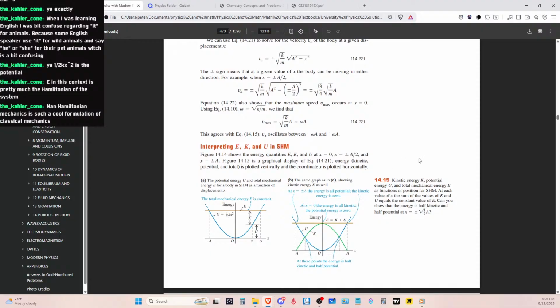Hamiltonian mechanics is such a cool formulation of classical mechanics. Yeah, I can't wait until I can get to that level, but I'm still lacking in knowledge when it comes to that. But you know, we're building step by step, so hopefully we'll get there. I know the Lagrangian is basically the kinetic energy minus the potential energy.